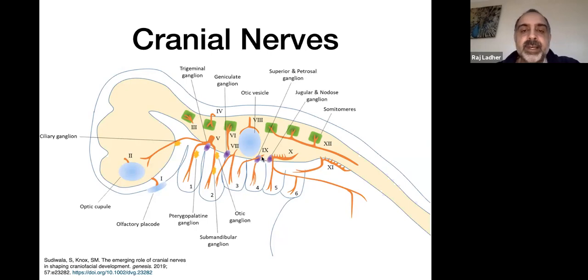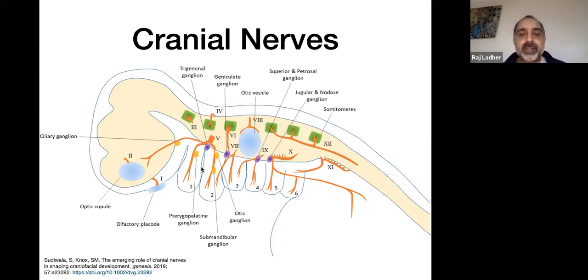These purple nerves here will give rise to the 4th, 7th, 9th, as well as the 8th nerve here, and the olfactory placode, because all of these are forming from cranial placodes.